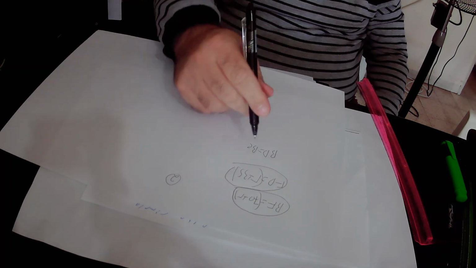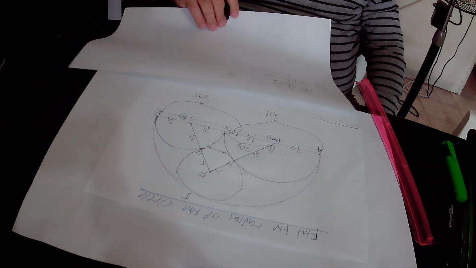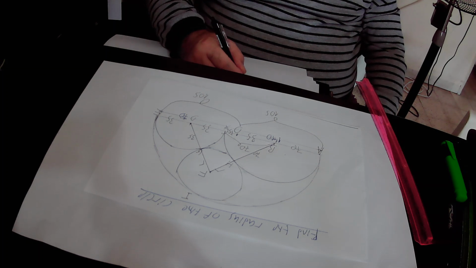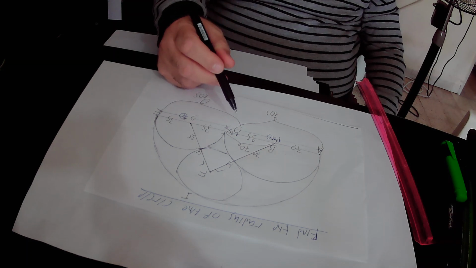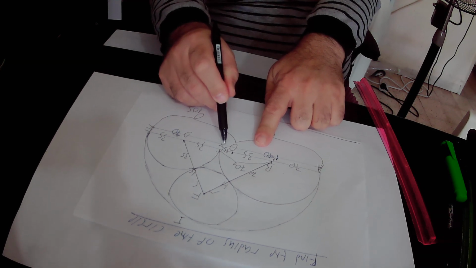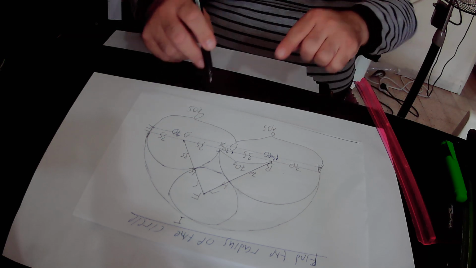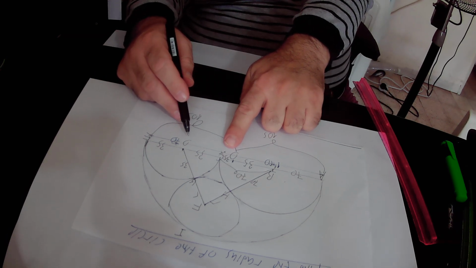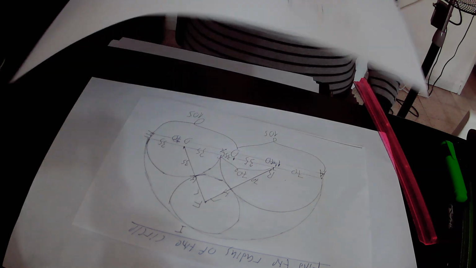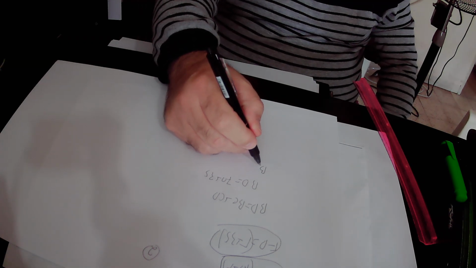So BD equals BC, which is 35 plus 35, so you can see from the drawing that is 70, plus CD. From the drawing it is very easy to see that CD equals 35 units. So in conclusion, I found out that BD equals 70 plus 35, that is 105 units.